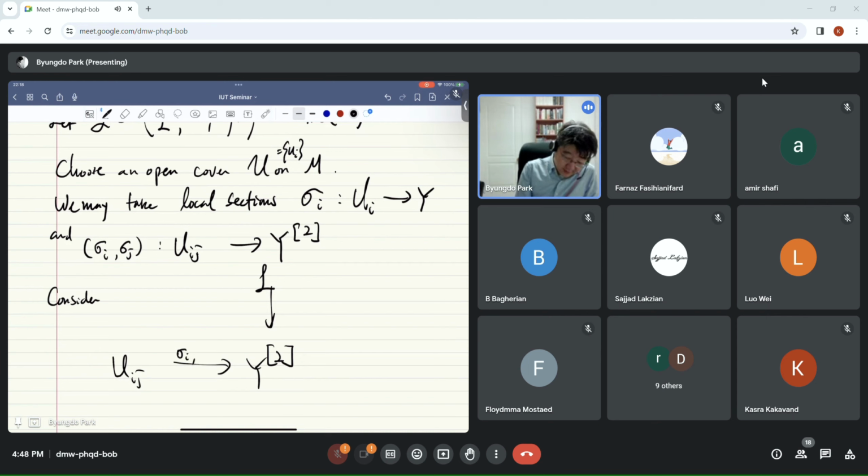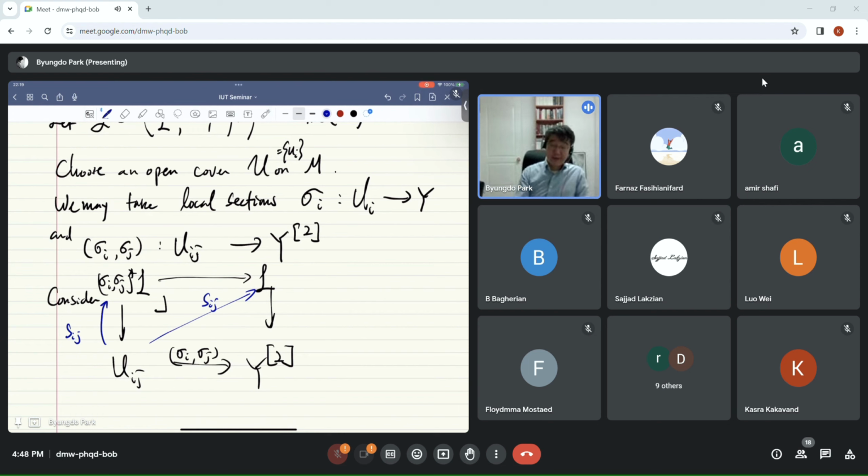This is sigma I, sigma J. And then you may pull back the bundle using this map sigma I, sigma J, and pull back this line bundle L, or S1 bundle. Then taking a section Sij, or alternatively, you can think of having a map Sij directly going to L and making this triangle commute. Either way.